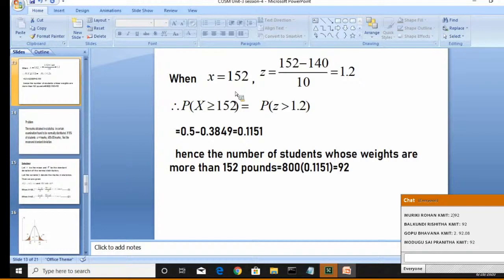When x is equal to 152, we are getting z greater than 1.2. So that we will be getting greater than 1.2. It will be coming like this. The figure will be like this.